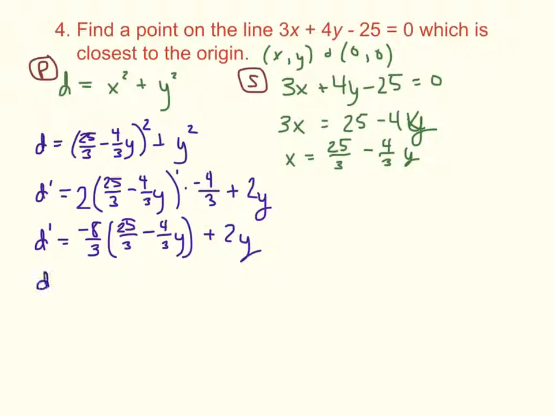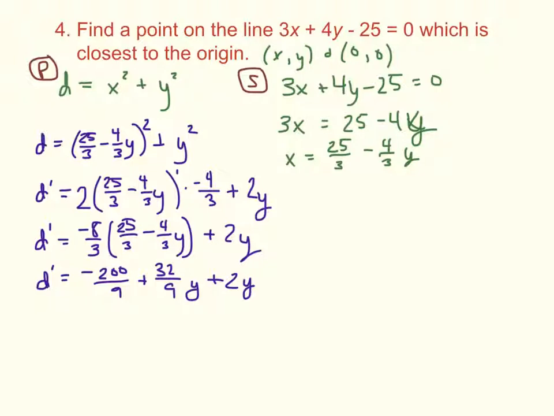Okay, distribute that through, because remember I have to get this in a way that I can finally set it equal to 0 and solve. So let's see, -8 times 25 is -200, and then 3 times 3 is ninths, plus -8 times -4 is 32 over 3 times 3 is 9, y, and then plus 2y.